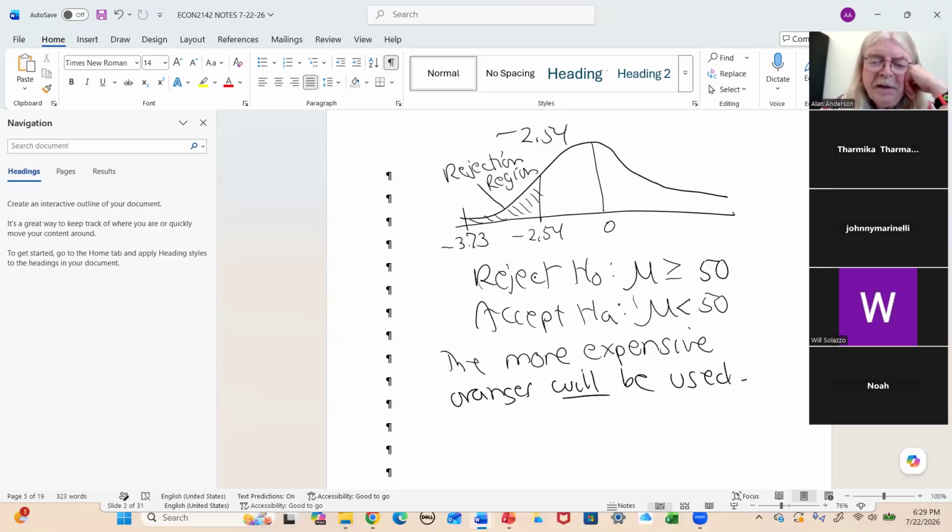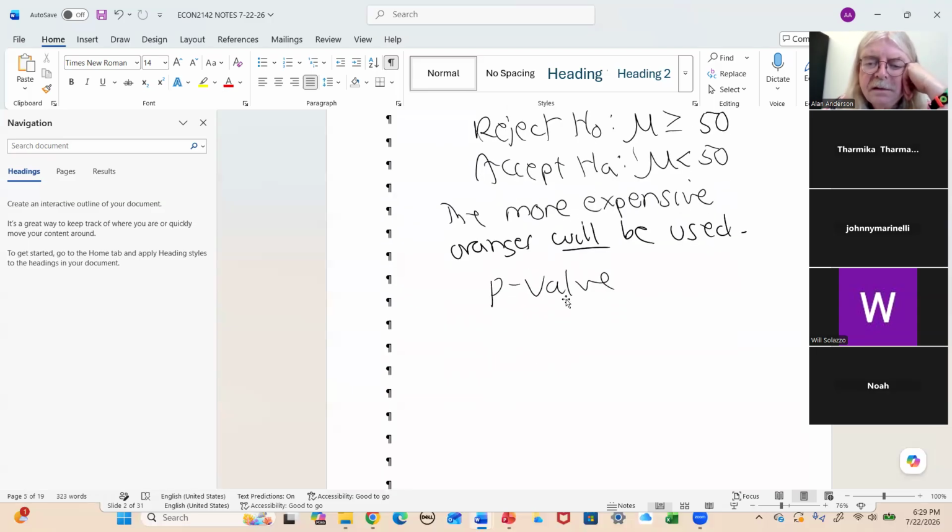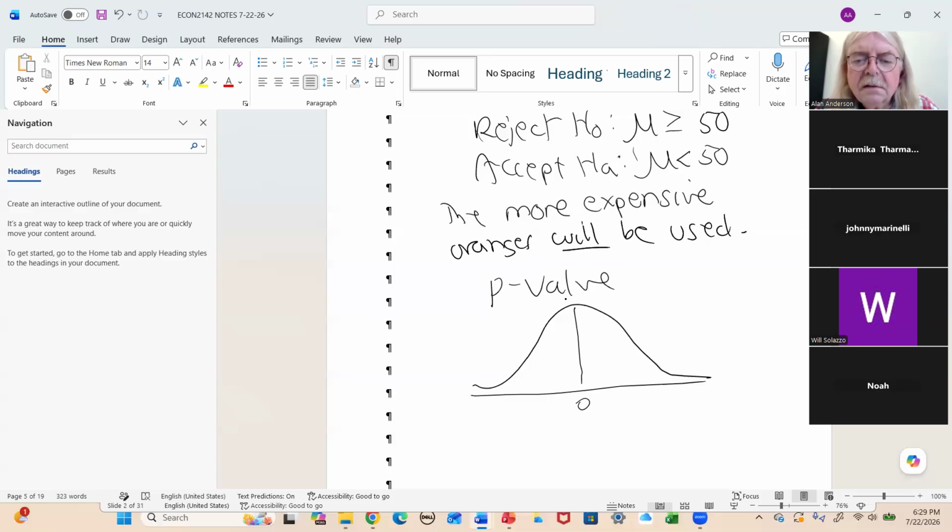All right. And then what about the p-value approach? So our test statistic is negative 3.73. Anything more extreme than that constitutes our p-value.